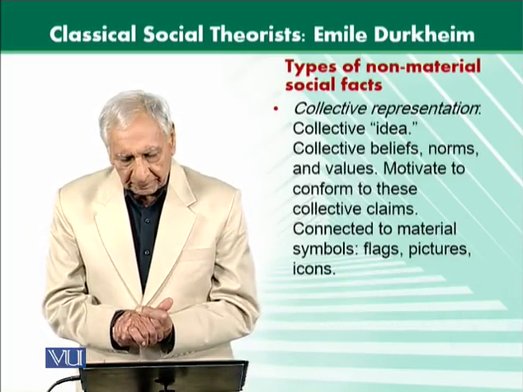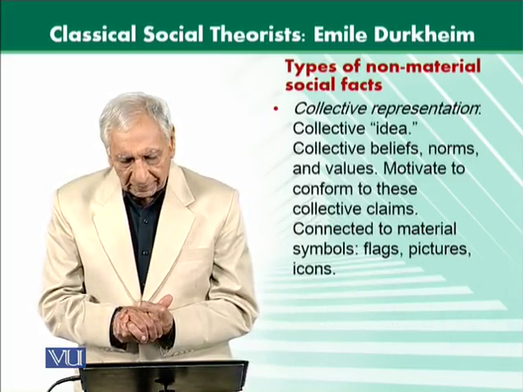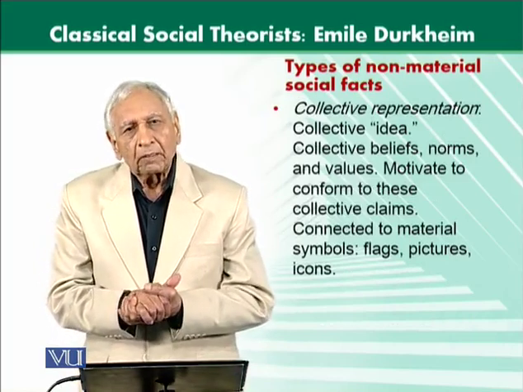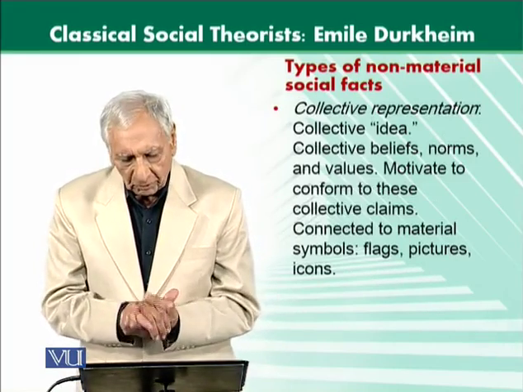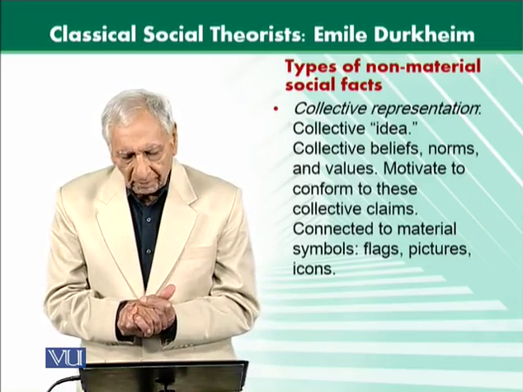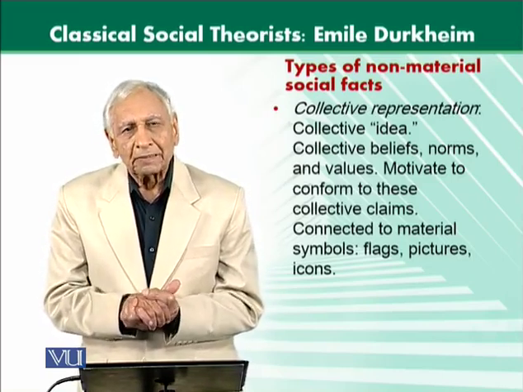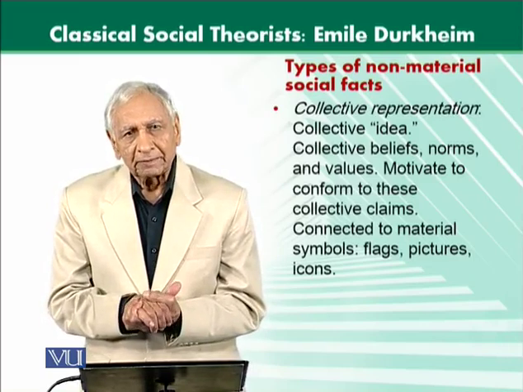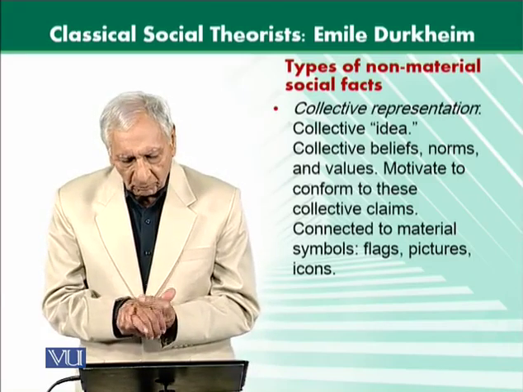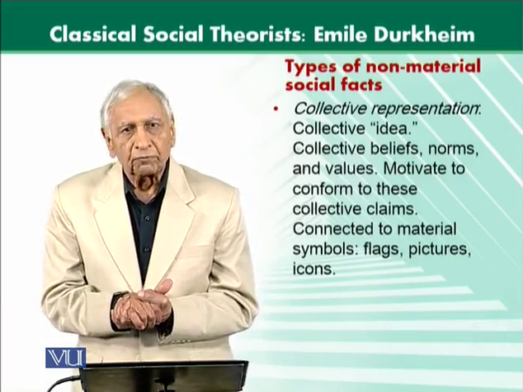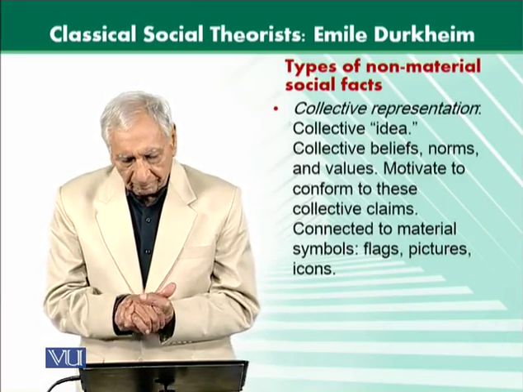Collective representation is more like a collective idea or the collective beliefs and the norms and the values. These collective beliefs, ideas, and norms motivate the individuals to conform accordingly.